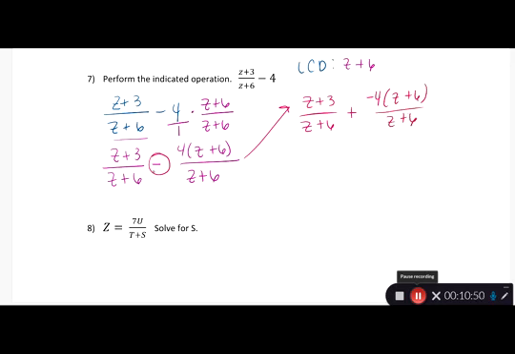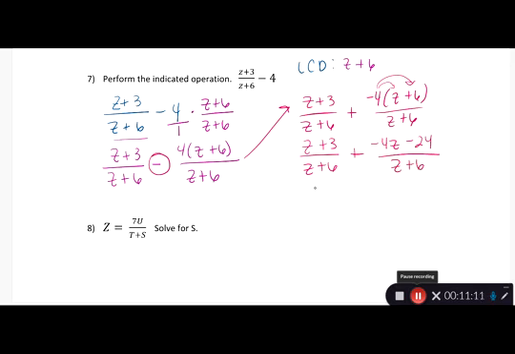And all I did was change it to a plus, and I moved the negative. I distributed the negative to the 4. Now, when I distribute the 4 through, I'm going to be multiplying the negative through also. So z plus 3 over z plus 6 plus a negative 4z minus 24 all over z plus 6.